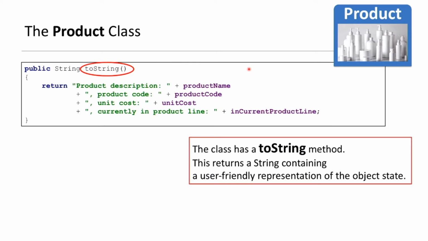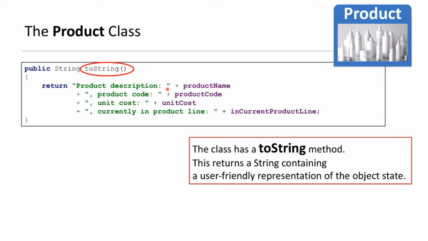And then that final method was the toString method. We said the class has a toString method to return a string containing a user-friendly representation of the object state. So if we look at the contents of the toString method, it's a return and it's returning a string. But we get to decide what way the string is formatted. So we've got product description in double quotes.